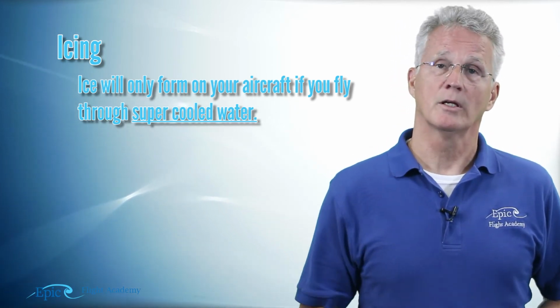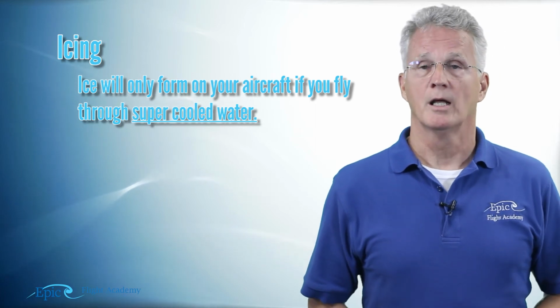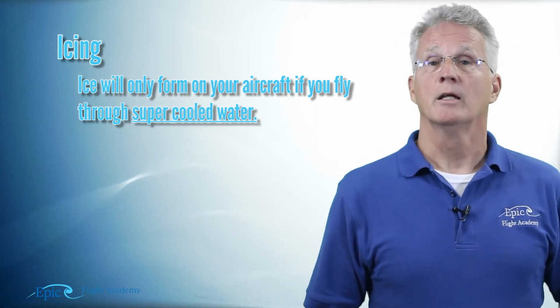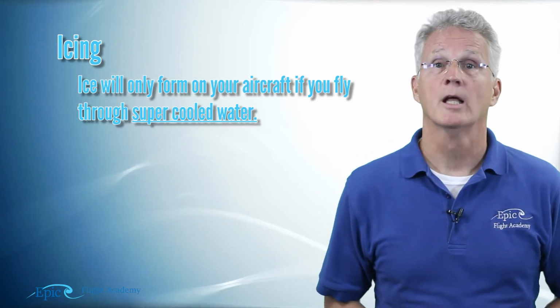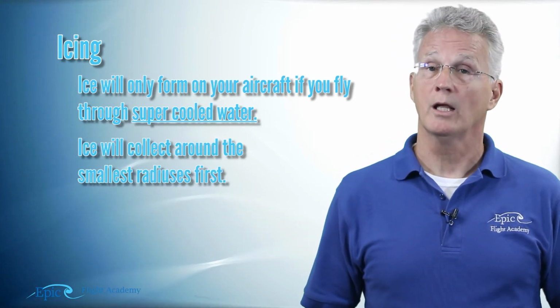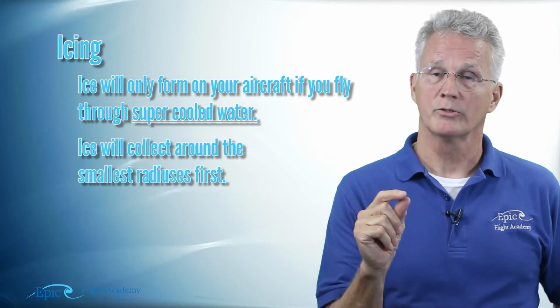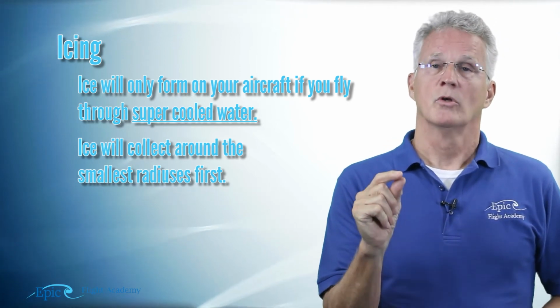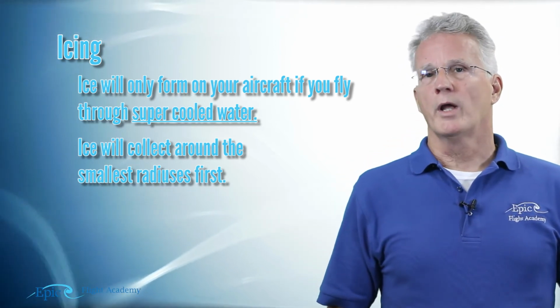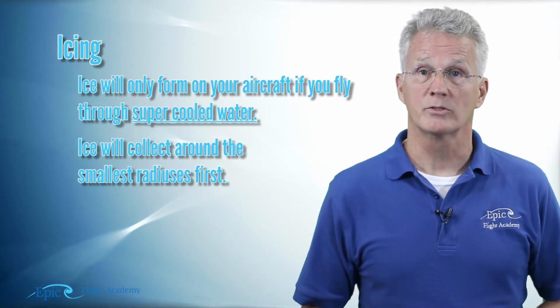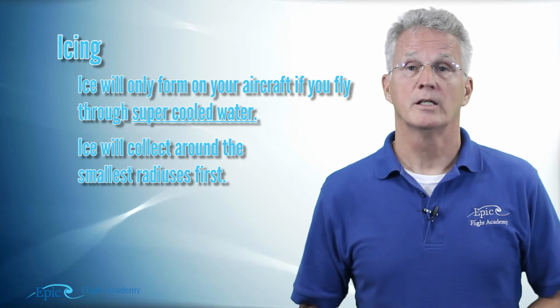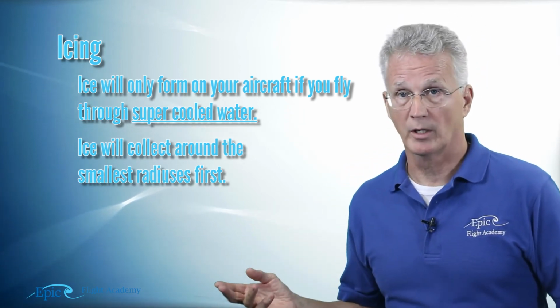The second thing that I want you to bear in mind as a pilot is that if and when ice does form on your aircraft, it will start to collect and form around the smallest radiuses first. So think of the radius of your leading edge. Think of the radius of the leading edge of your horizontal stabilizer.